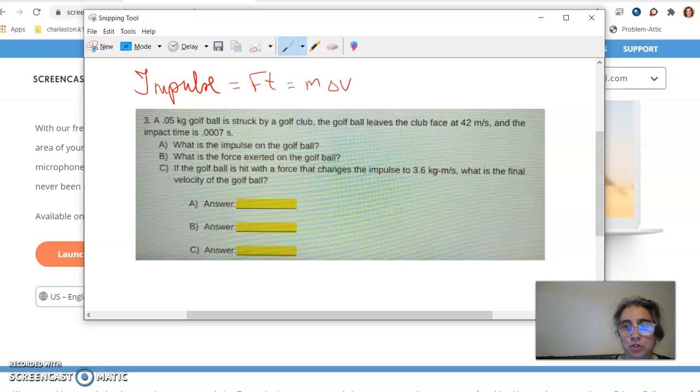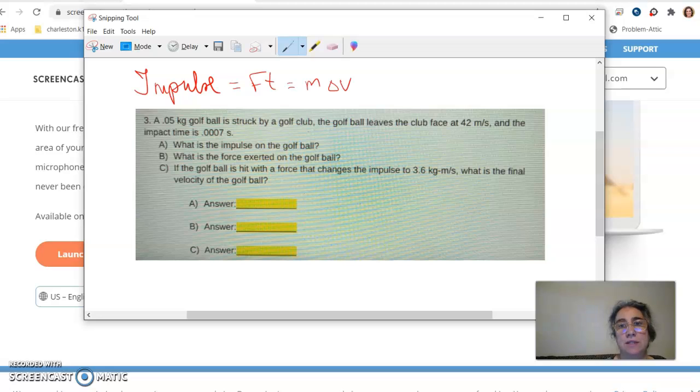For this question, which is also an impulse question, we need to find the impulse of this baseball. I'm sorry, it's a golf ball.